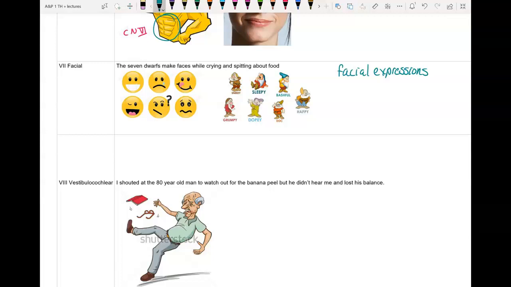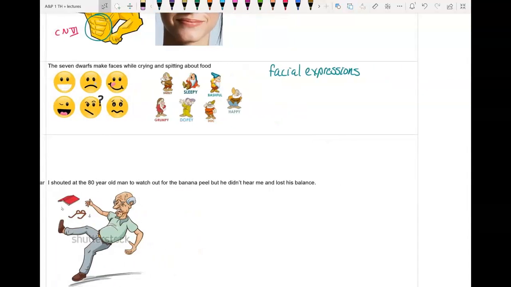Also, it says the 7 dwarfs make faces while crying and spitting about food. Well, when you cry, you have tears. So this nerve stimulates the lacrimal glands. These are glands above your eyes, and they make tears. So it's not just when you're crying, you always need tears in order to keep your eyes clean.